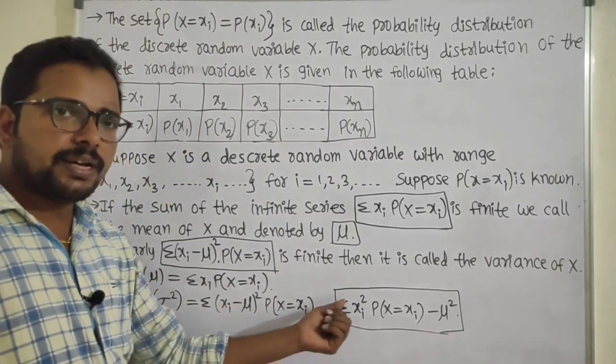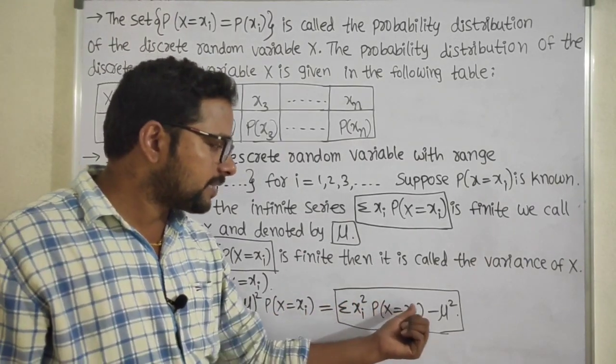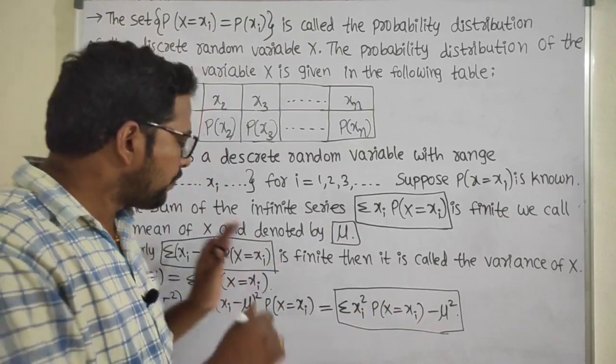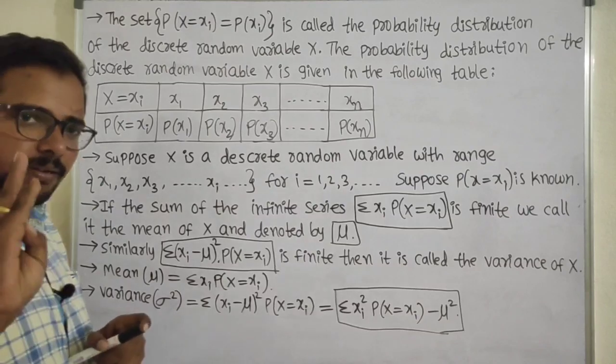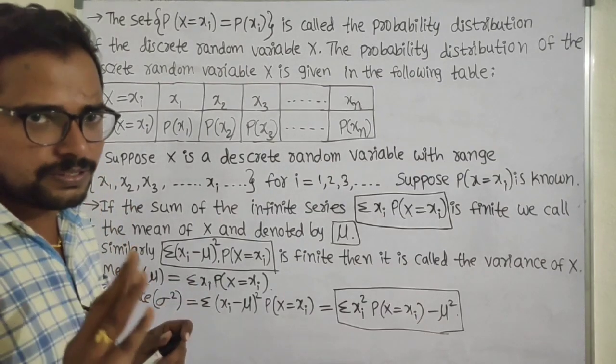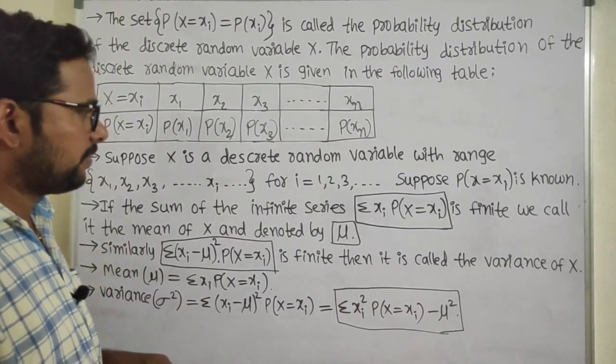These two formulas are very important: one is mu, mean, and another is variance.